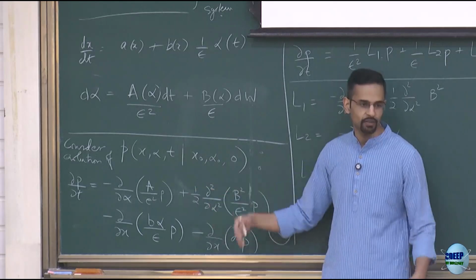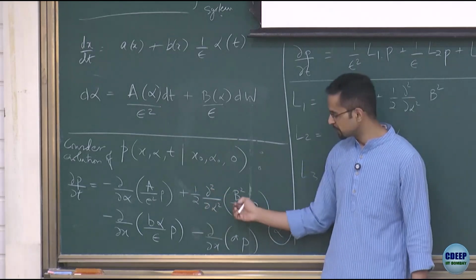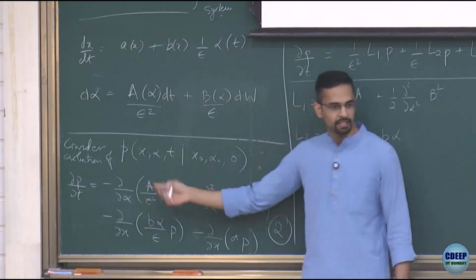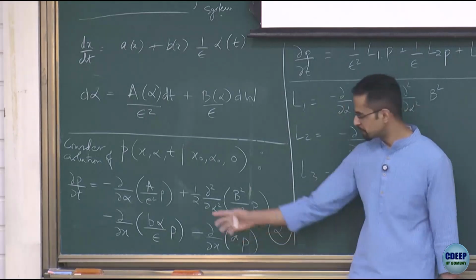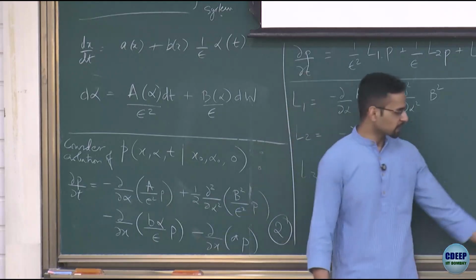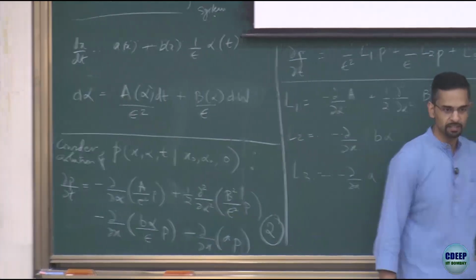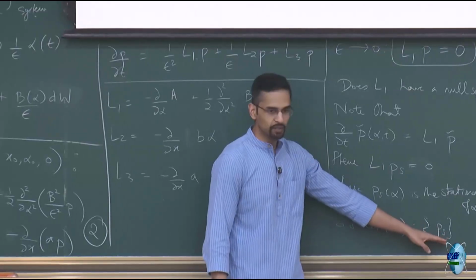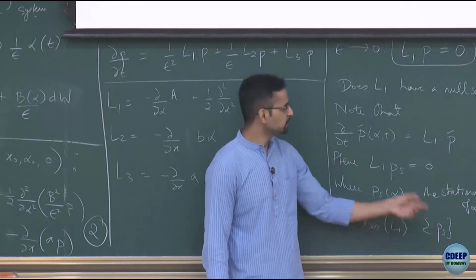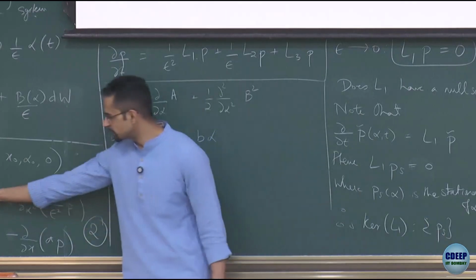So if this B was outside, A was outside, then P equal to constant will be the null space. That's what happened in the Taylor-Harris problem. Here, because it's sitting inside, that's not the null space. Instead, the null space is this stationary distribution, which is not a constant. So some varying function of alpha is the null space simply because the derivatives are sitting inside.